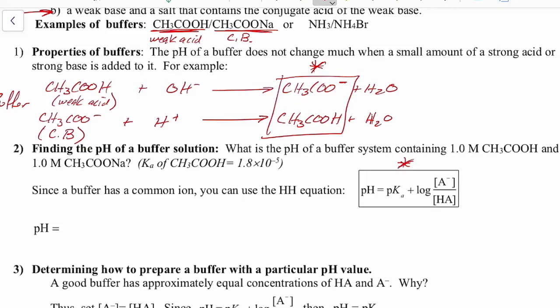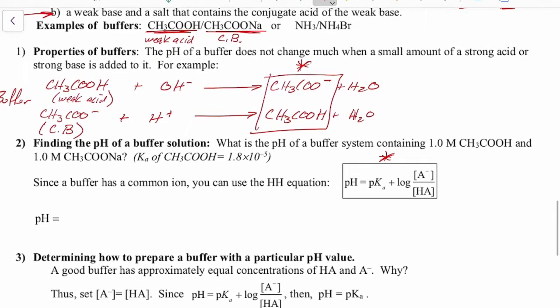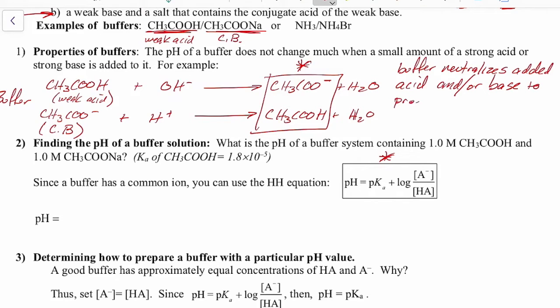Right, so what actually happens is that your buffer neutralizes the added acid and or the base to produce the other partner in the conjugate pair.